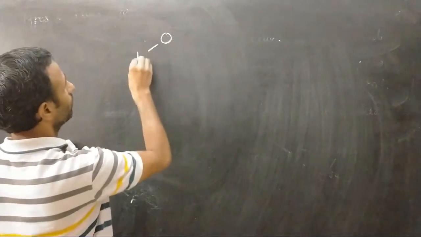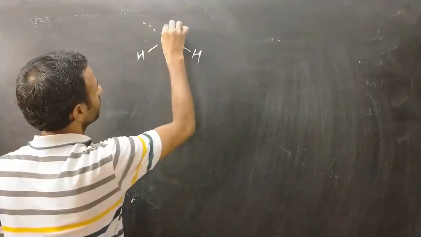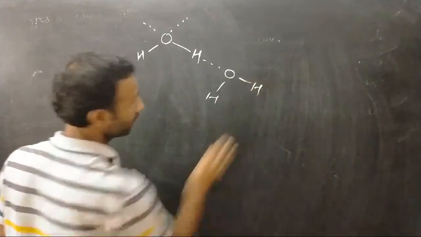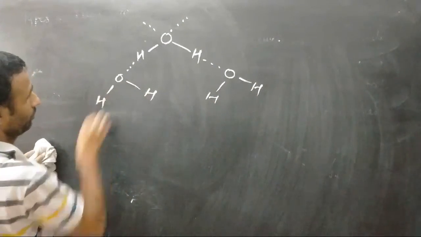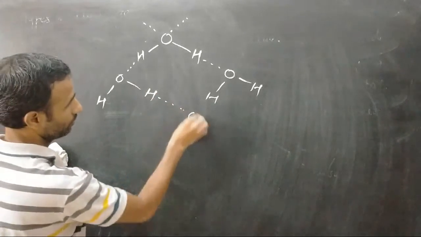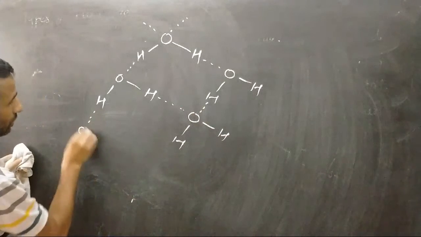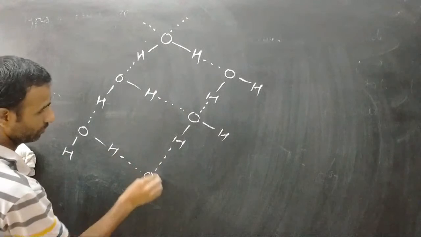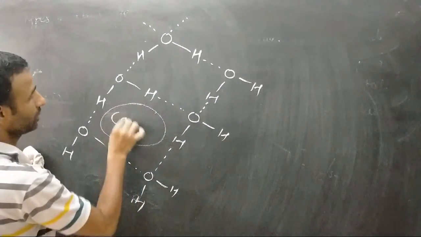In water, in ice, O, H, H, there are two lone pairs and two bond pairs, like this. Then this is hydrogen bonding in ice.